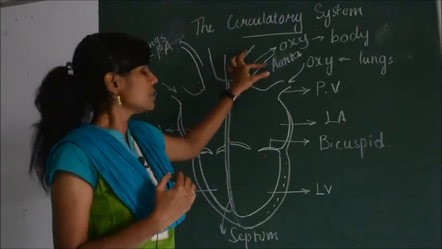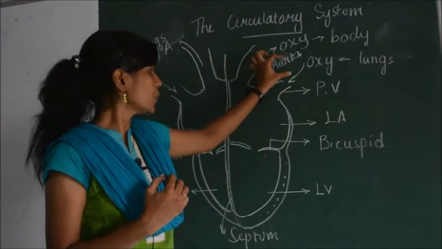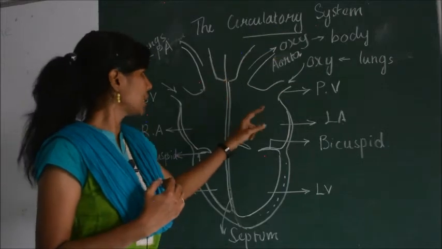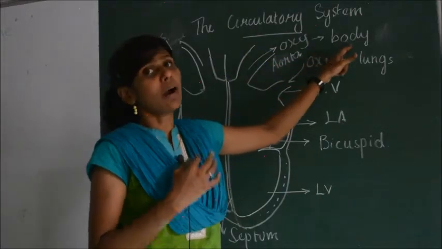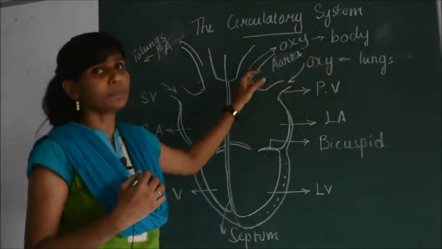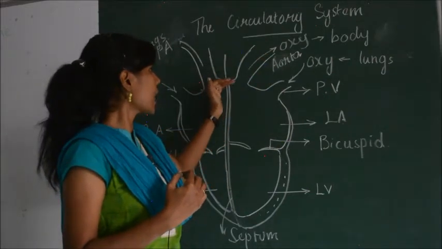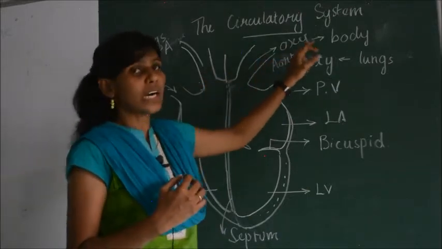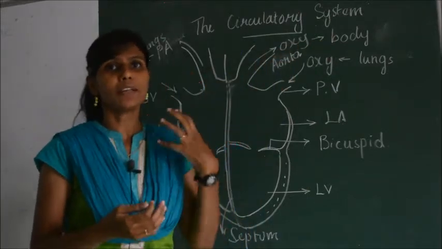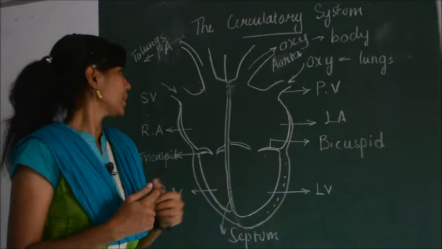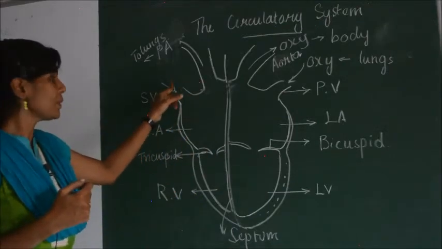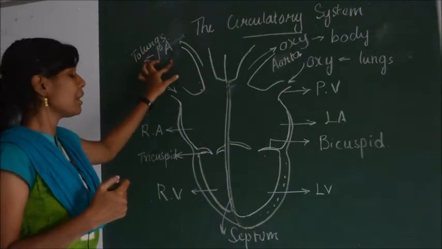And again this tube, which is the aorta, sends out oxygenated blood throughout the body. So oxygenated blood from the heart goes out through the aorta to all parts of the body. This also you have to keep in mind. There are two more vessels here, the superior vena cava and the pulmonary artery.